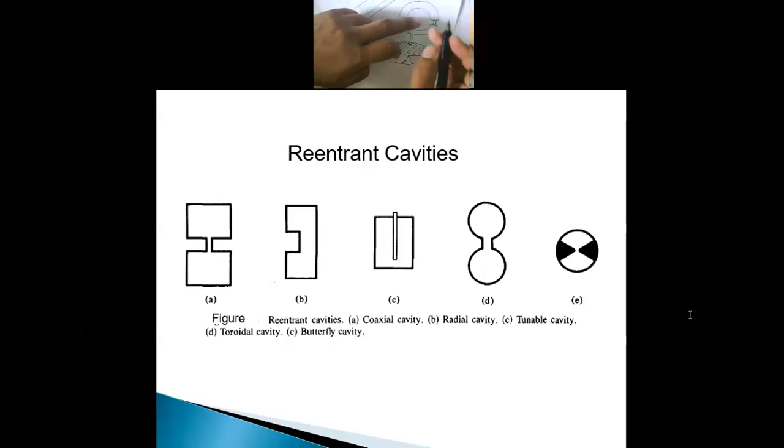The mouth of this cavity acts as a plate for the given cavity, and that plate has some capacitance. That capacitance is used for the tuning of this particular cavity. So a cavity means a capacitance there.